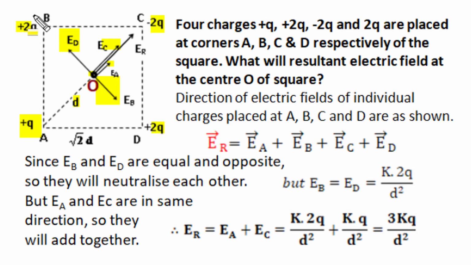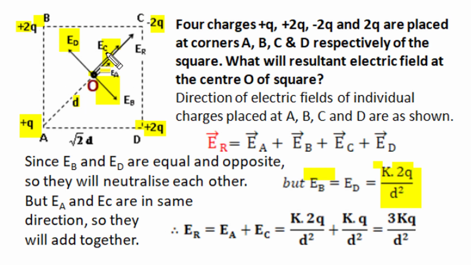Now here it is easy to consider the electric effect of opposite vertices of the square, like A and C, and B and D. We find that the electric field contributions of B and D are opposite, and A and C are in the same direction, so they will just get added up, while the others will be straightforwardly subtracted. Since the electric field contribution of this plus 2Q charge and this plus 2Q charge at the same distance is the same in amount, K 2Q and distance D inverse square, equal and opposite, the EB and ED result will become 0.